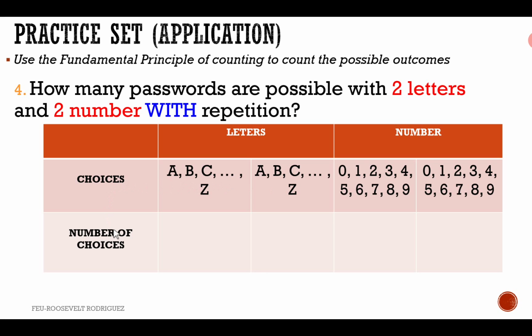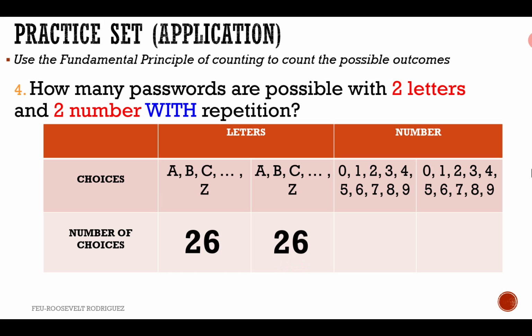So, for the number of choices, since repetitions are allowed, yung first letter na pwede natin magamit for our password, since available yung A to Z, automatically we have 26 set of letters na pwedeng pagpilian. Okay? And then, pwede yung repetition, kaya for our second letter, 26 set of letters pa rin yung pwede natin pagpilian.